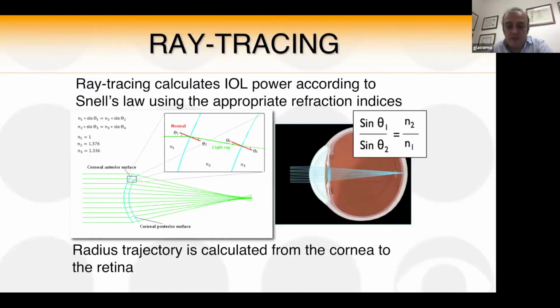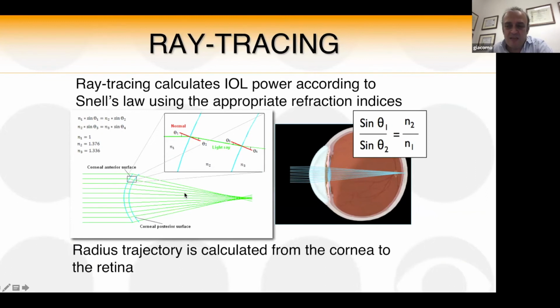What does ray tracing mean? It's something that is totally different compared to original formulas, because ray tracing calculates the IOL power according to Snell's law using the refractive index of each diopter: air, stroma, and aqueous.